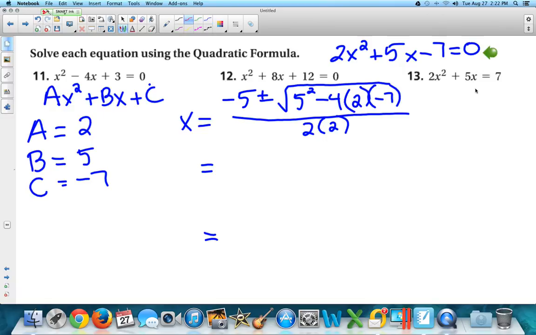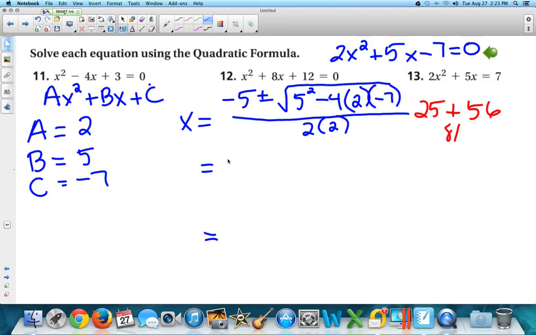Over here to the side, I'm going to figure out my radical. 5 squared is 25. Minus, but I'm also going to multiply by a negative, so this is going to end up being a plus. 4 times 2 is 8. 8 times 7 is 56. So that gets me 81.